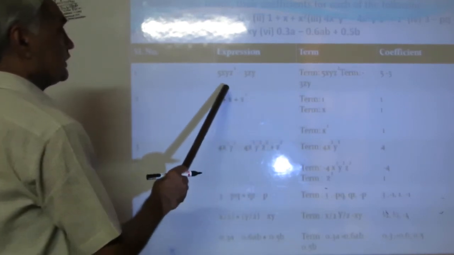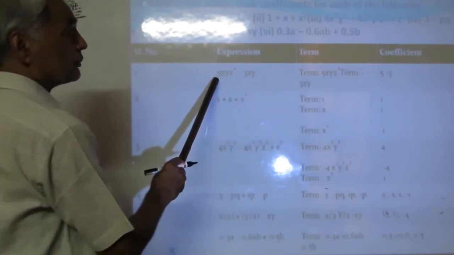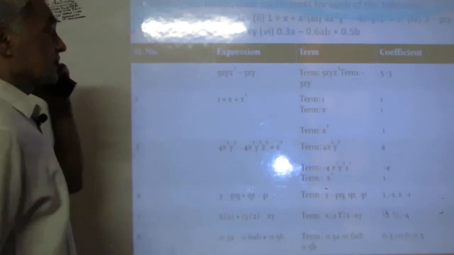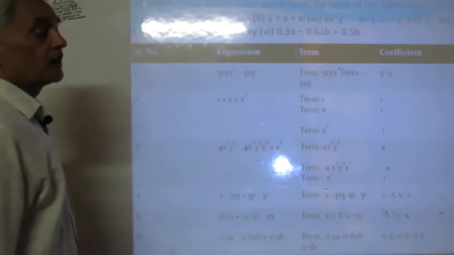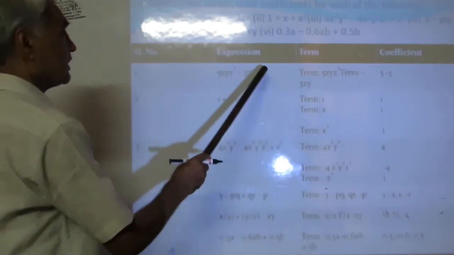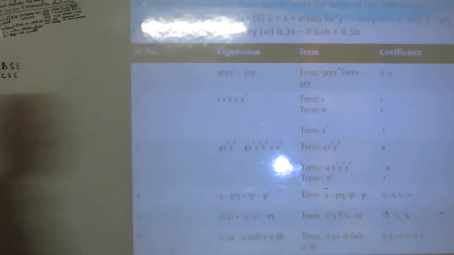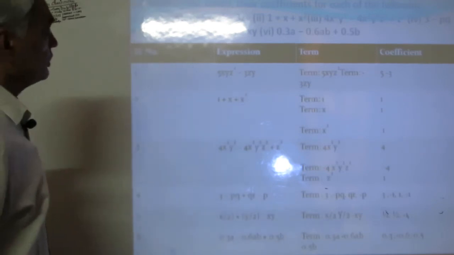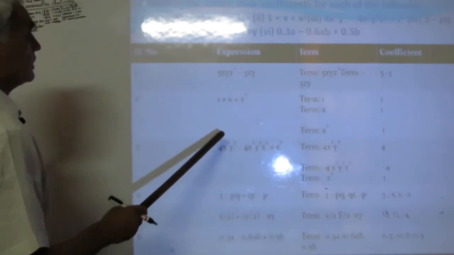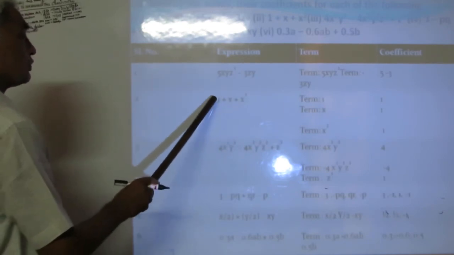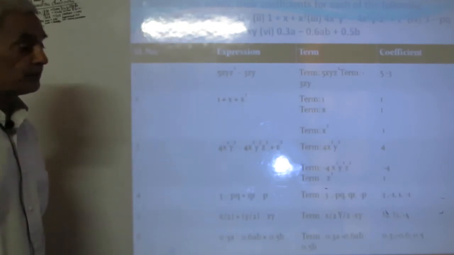Here the coefficient is 5, and the second term is minus 3zy and the coefficient of this minus 3zy is minus 3.